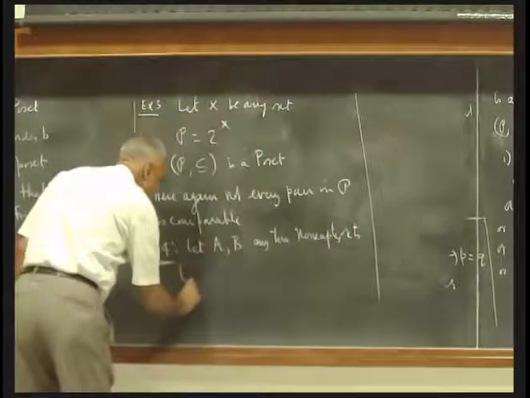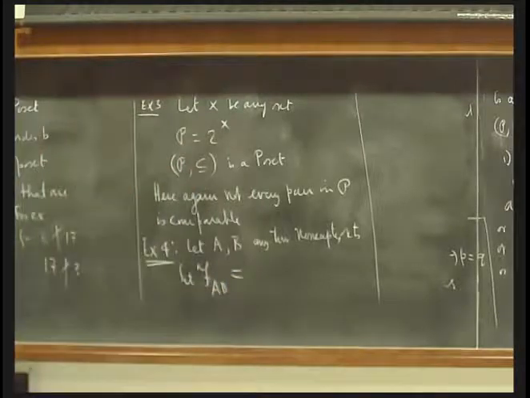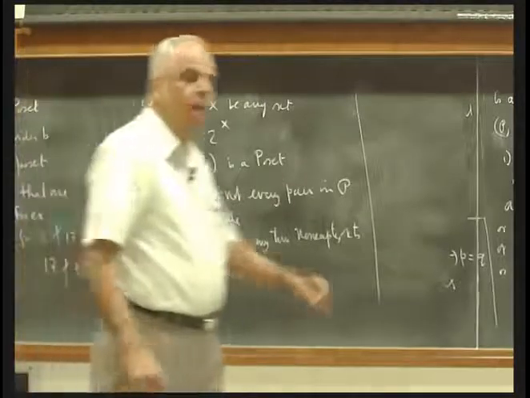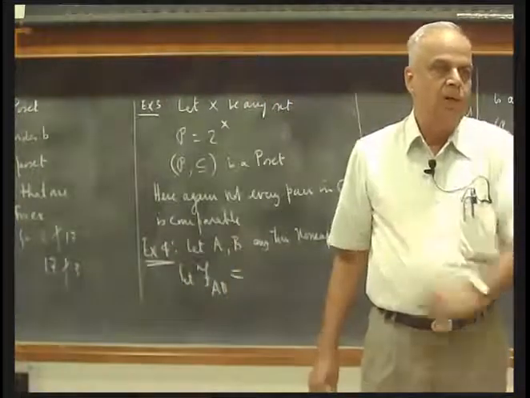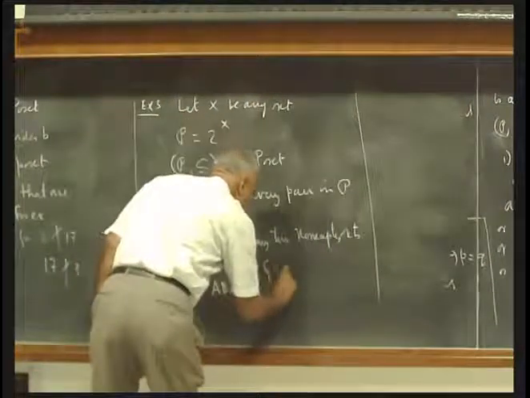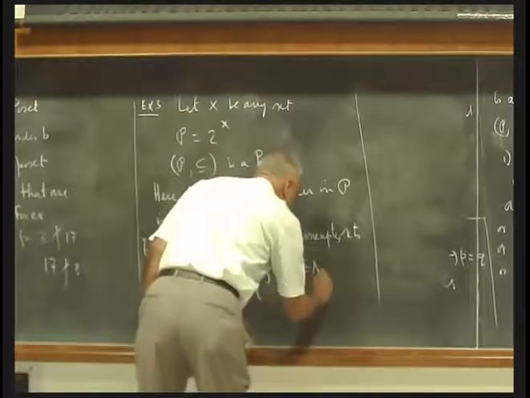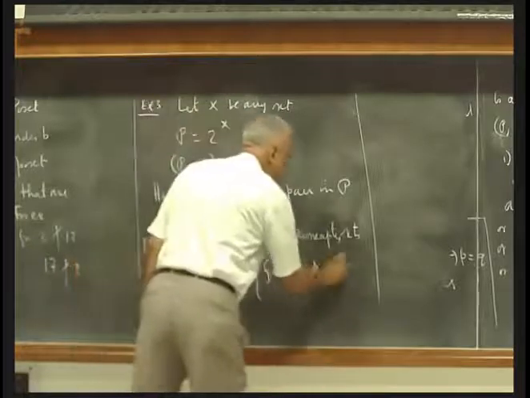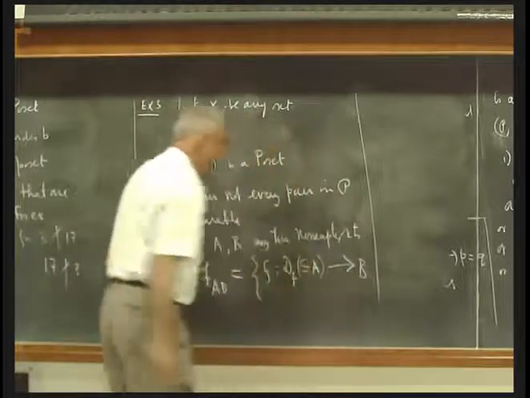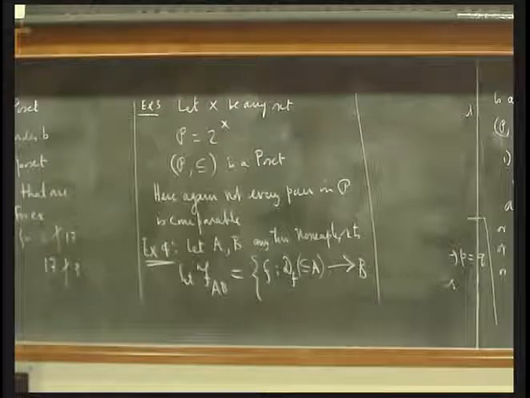And then let me use this notation F sub AB to be all functions whose domain is a part of A and codomain is B. So let me write it as the set of all functions which map the domain, which is a subset of A, into B. So the function need not be defined on all of A, but on a part of it. So its domain is a part of A and codomain is B.